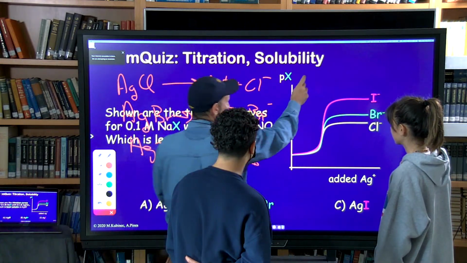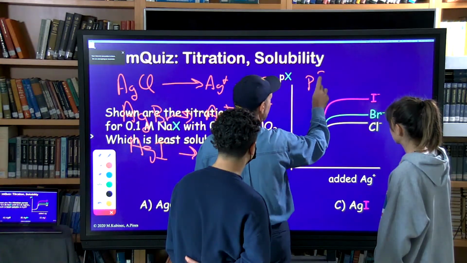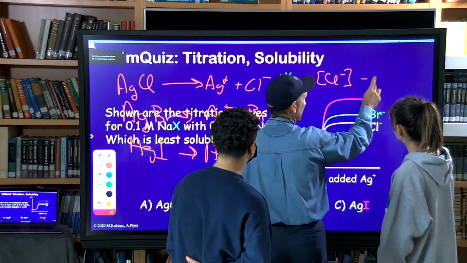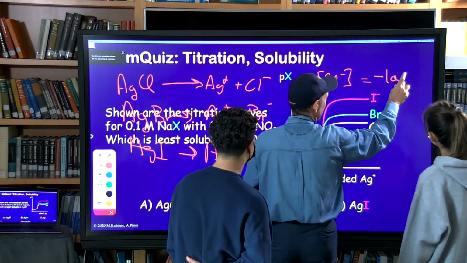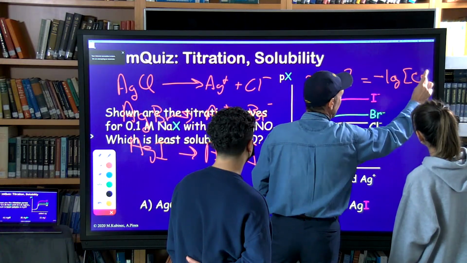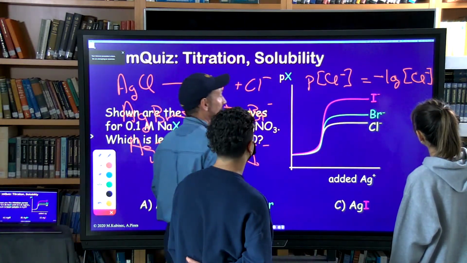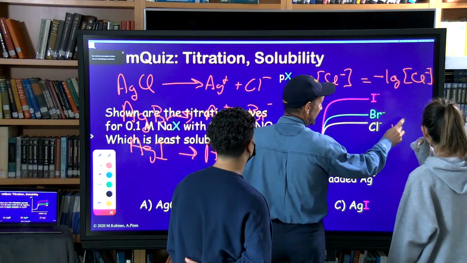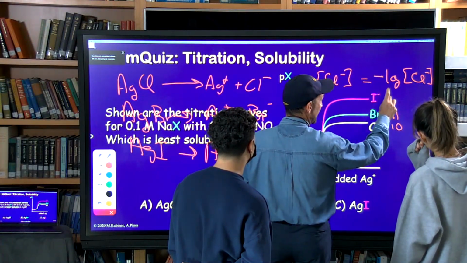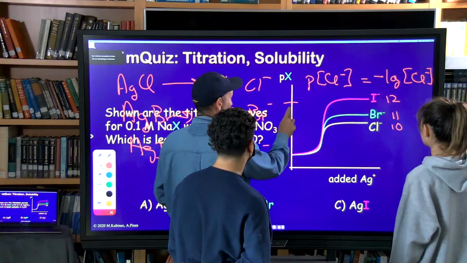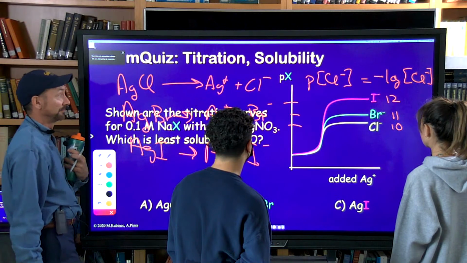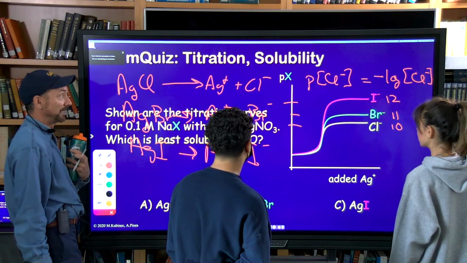It's the pCl minus, so what we're plotting there is minus log of Cl minus. So if this is 10, 11, and 12 over here, then what are the concentrations of Cl minus?